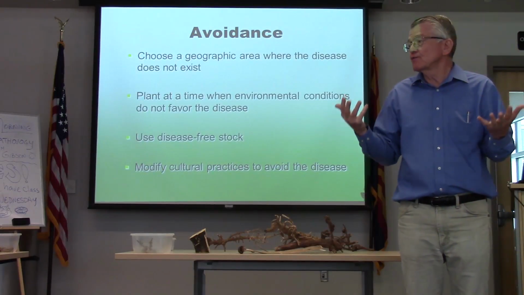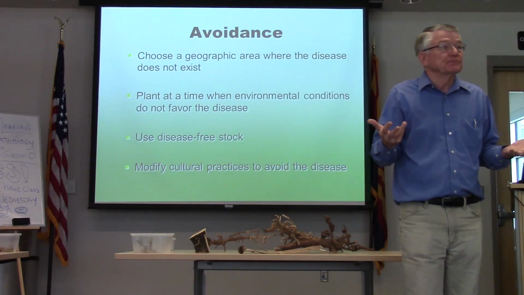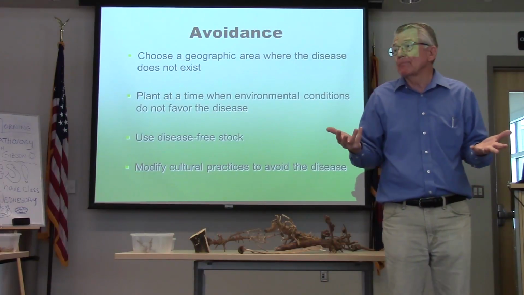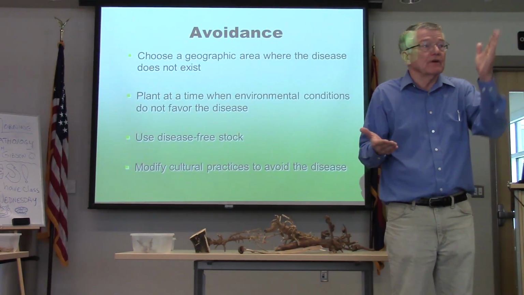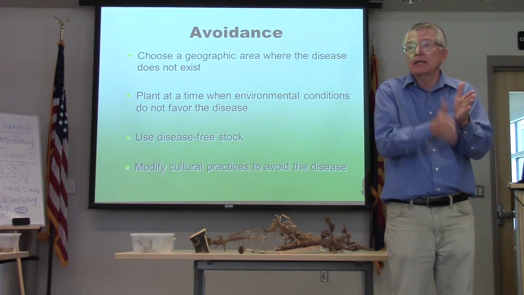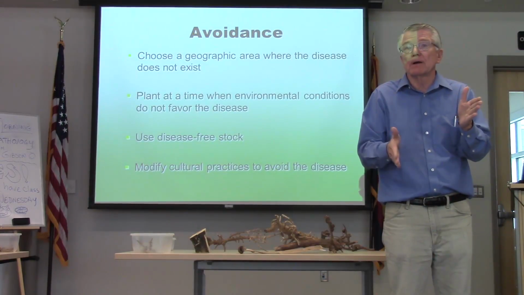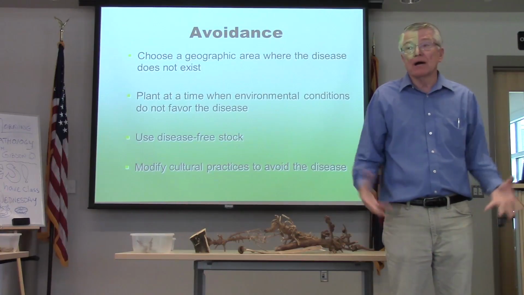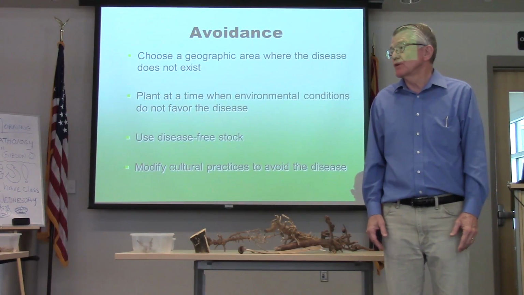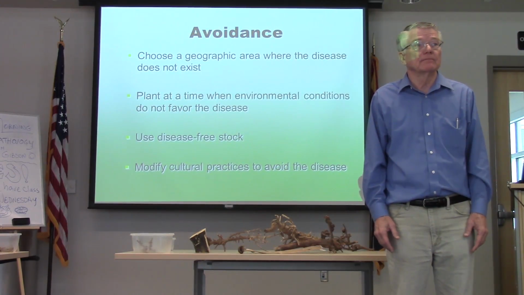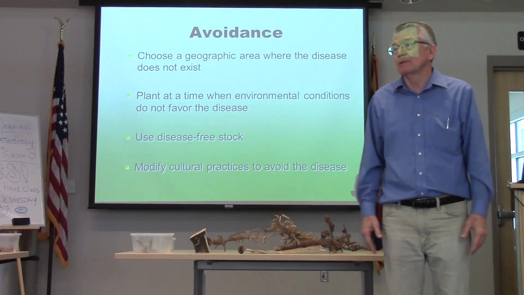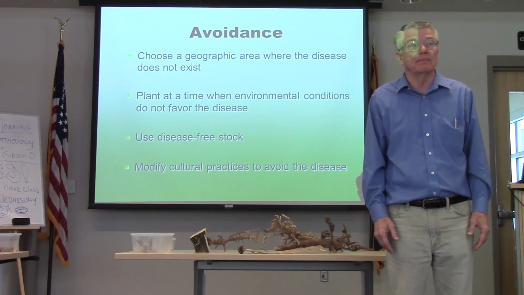They sometimes have to apply half a dozen or more applications of fungicide starting very early in the process to keep scab from affecting the pecan. In Arizona, pecan scab is virtually unheard of. Nobody applies fungicide for pecan scab in Arizona.